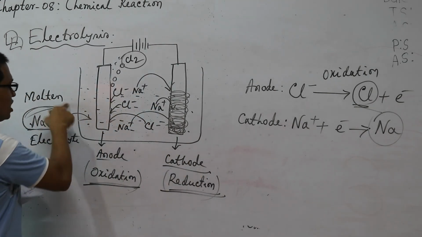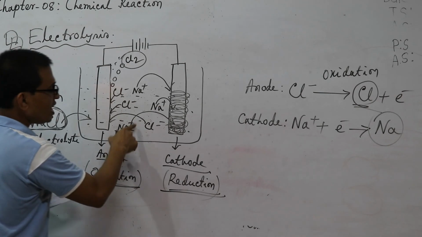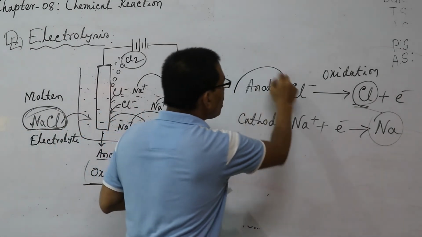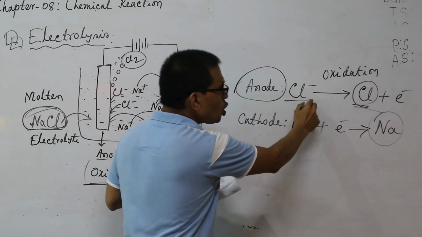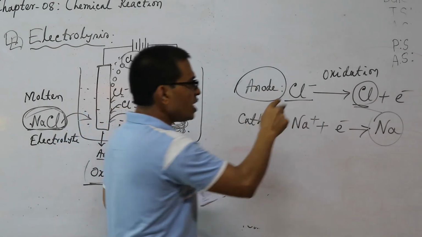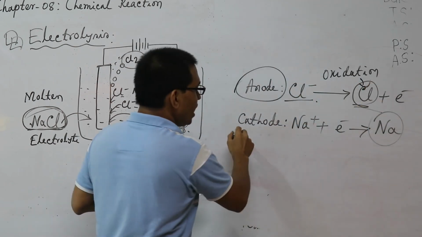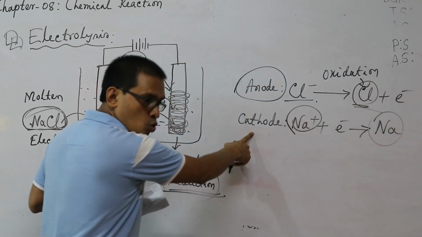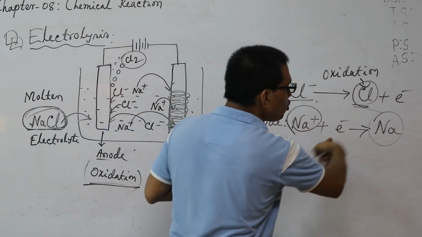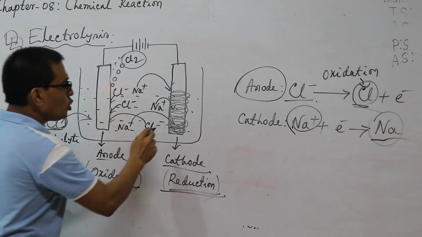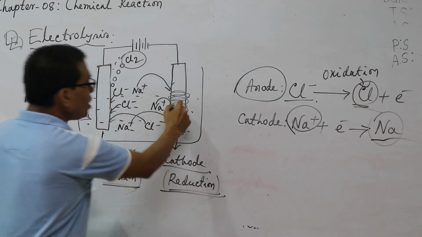In molten state sodium chloride remains as sodium ion and chlorine ion. Chlorine ion goes to the anode and releases electron to form neutral chlorine, and sodium ion goes to the cathode and receives electron to form metallic sodium, which will be deposited on the cathode. That's all about electrolysis.